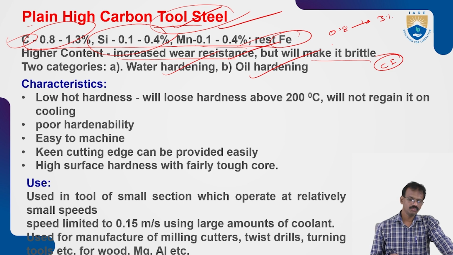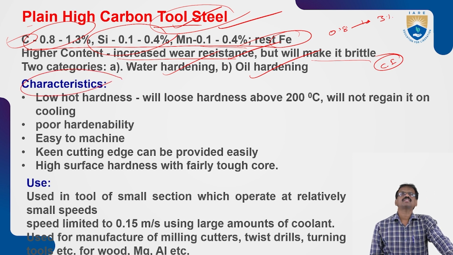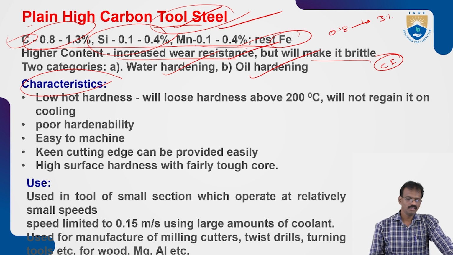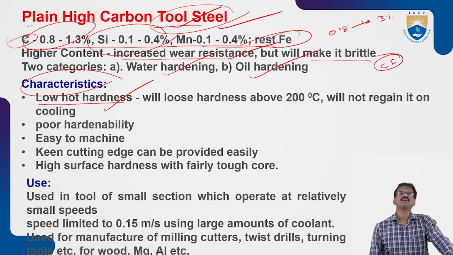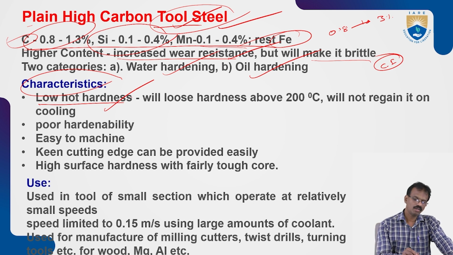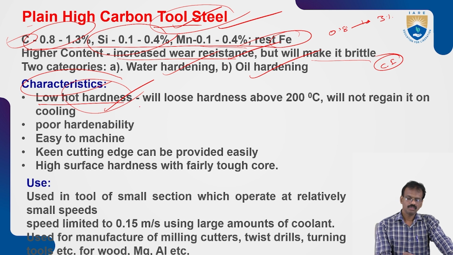Next we will see the different characteristics of this high carbon tool steel. It has low hardness, but we require high hardness.